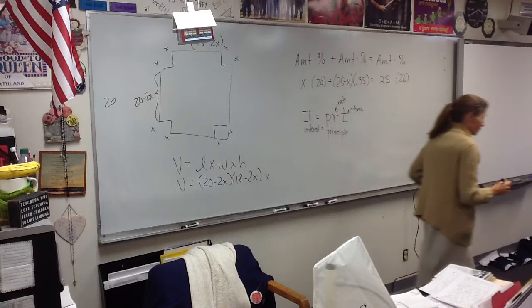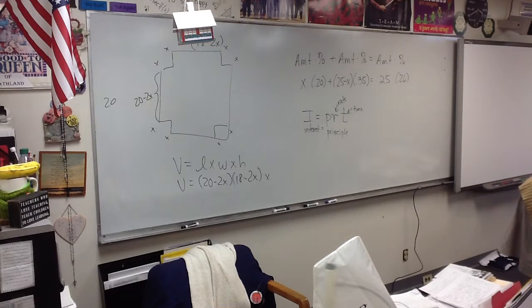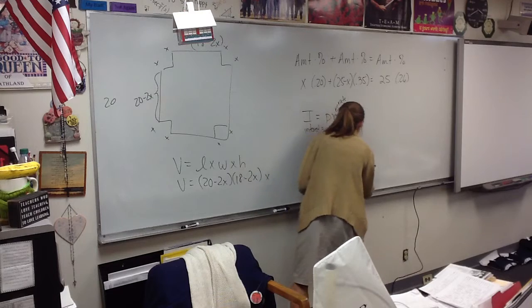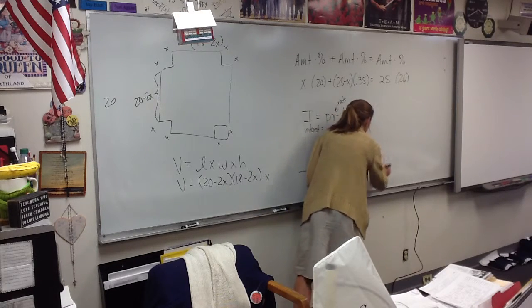Okay. So for this particular problem, we're doing number 38. It says total annual interest. What does that tell me about my problem? T is 1. Okay, so the T is 1. He's got 2 investments that are going to end up giving him $900.